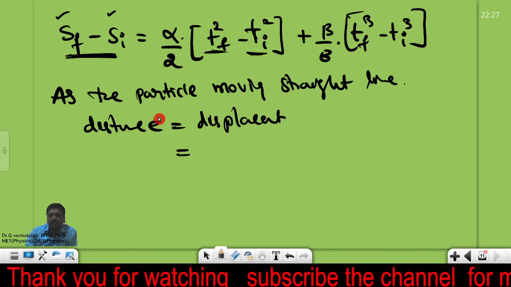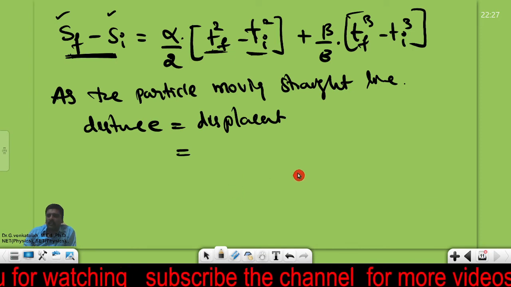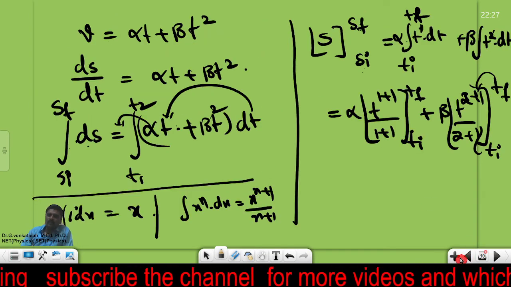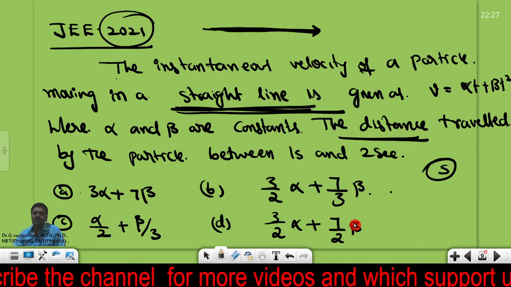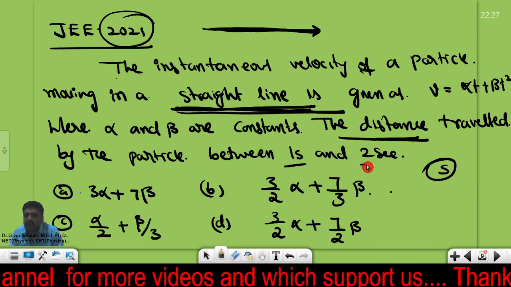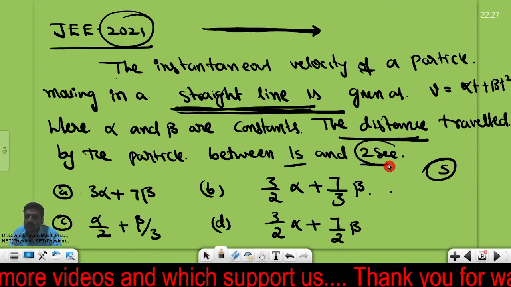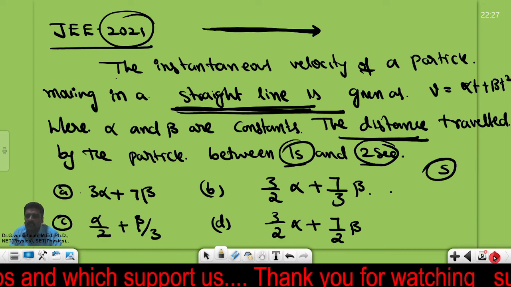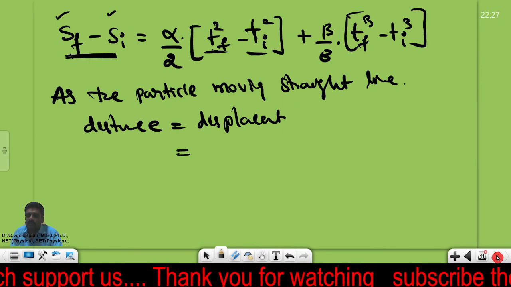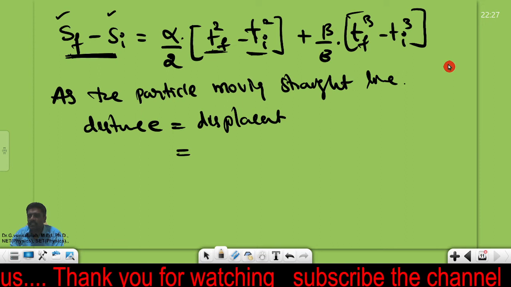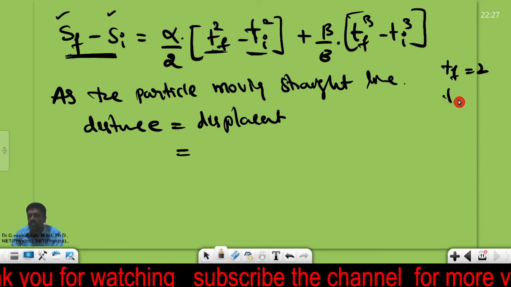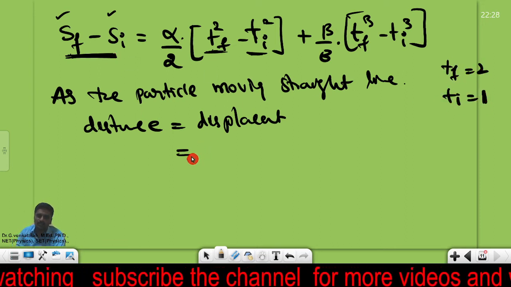So I can use the displacement formula for the distance. Then what are they asking? They are asking the distance between 1 second and 2 seconds. The final time is equal to 2 seconds, initial time is equal to 1 second. Now substitute in this one.